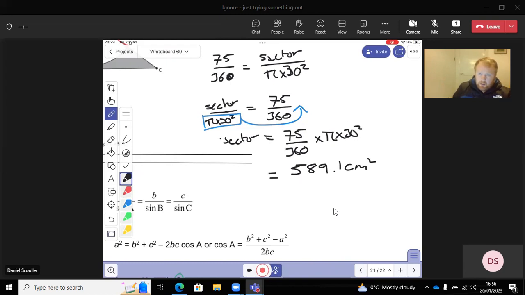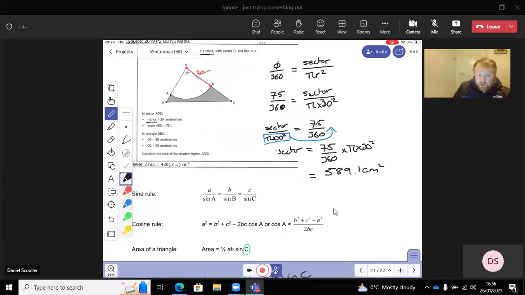So we've got the area of the full triangle, we've now got the area of the sector, and we want the area of that shaded area, which is the triangle minus the sector.